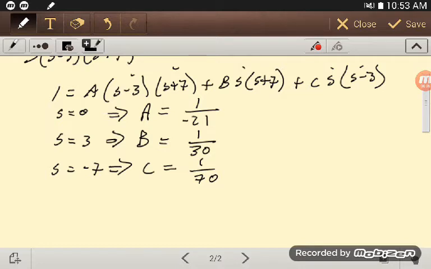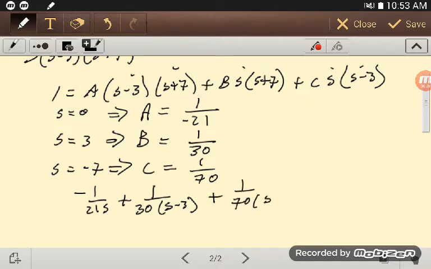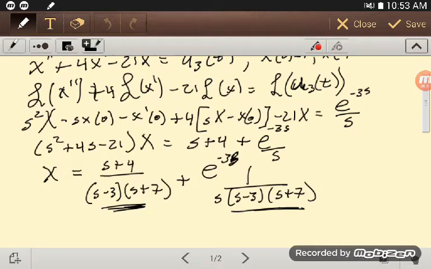And so I can write that fraction as minus 1 over 21s plus 1 over 30 times s minus 3 plus 1 over 70 times s plus 7. So that's that partial fraction. I go back here.